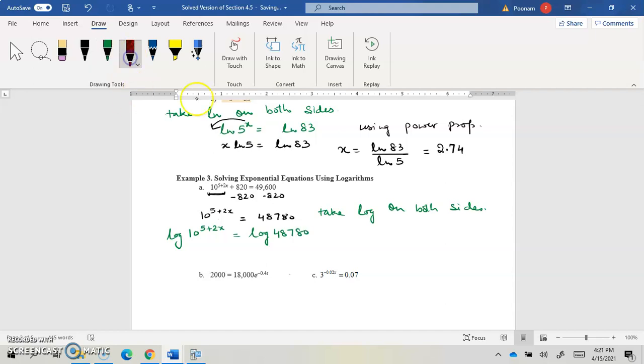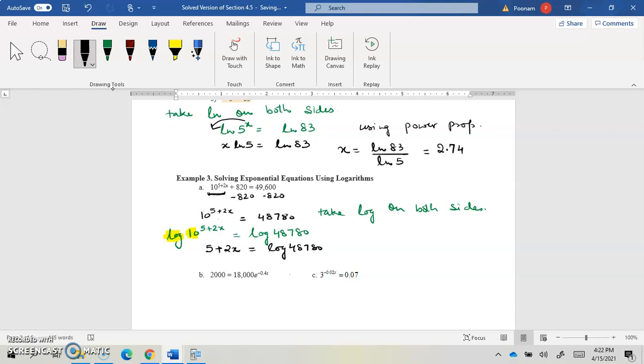Now here pay attention, I said log and 10 power. They are common log and 10 power. They are inverse of each other, so they are going to cancel each other. So what are we left with? We are left with 5 plus 2x is equal to log of 48,780.